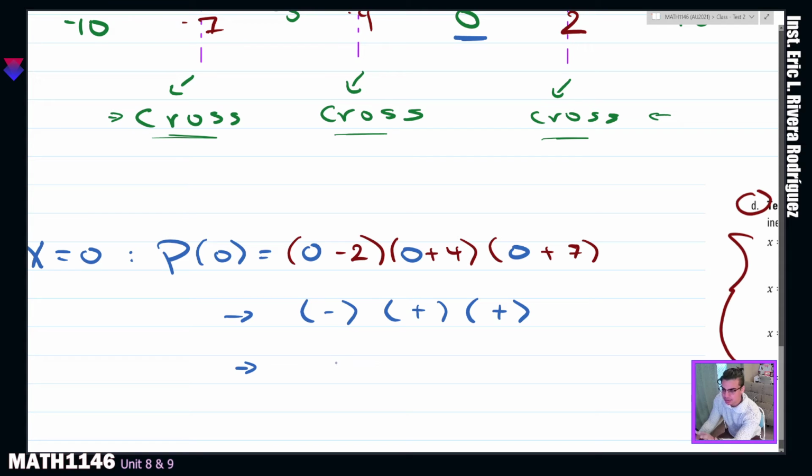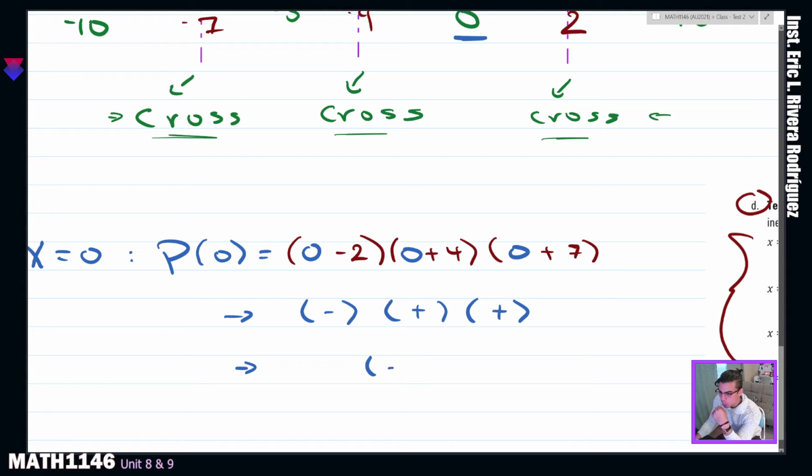What is the sign of this multiplication? A positive value or a negative value? When we multiply negative, positive, and positive, we get a negative value.